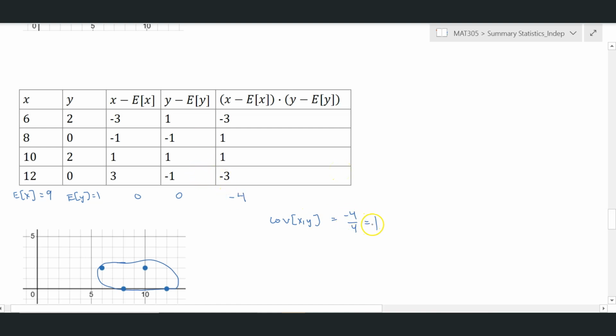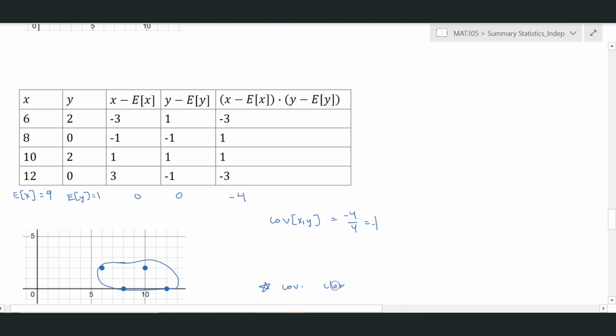The only significance of the negative is that it tells us in which direction, whether there's a positive or negative relationship between the data. But again, notice that this is very close to 0. And the closer the covariance is to 0, the less they covary. So I'll just point that out.